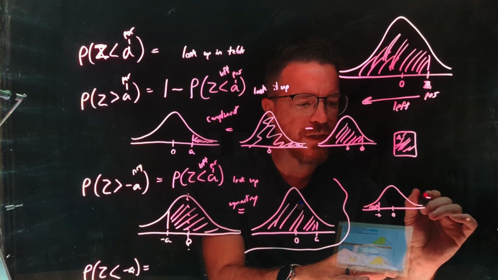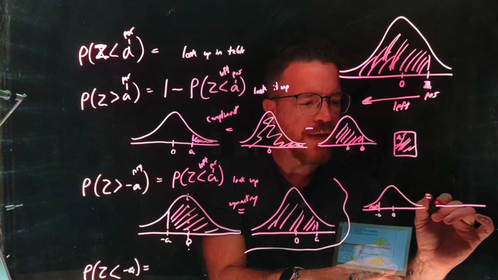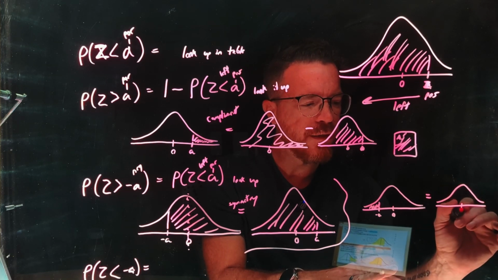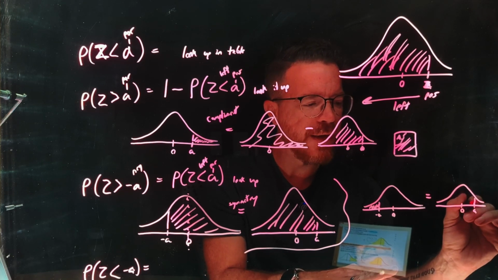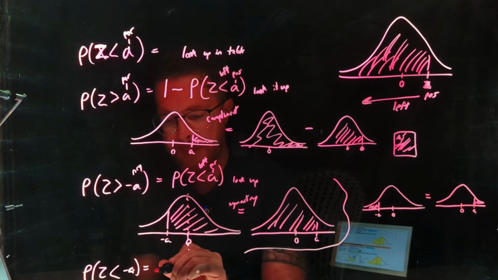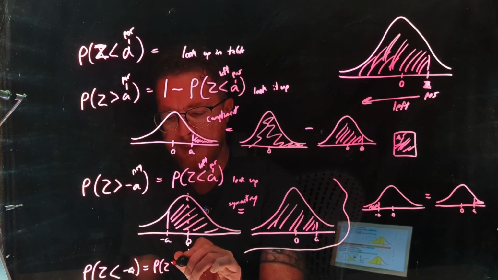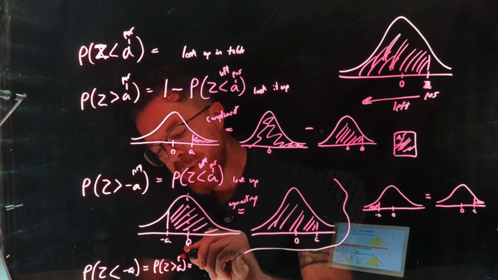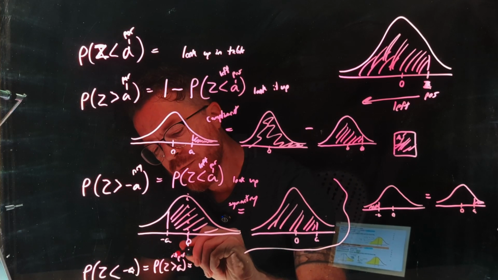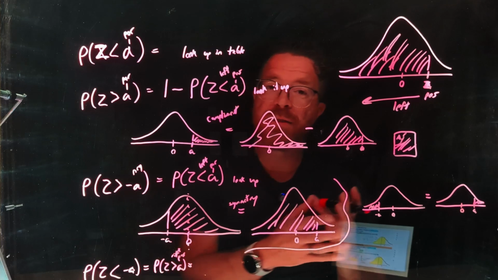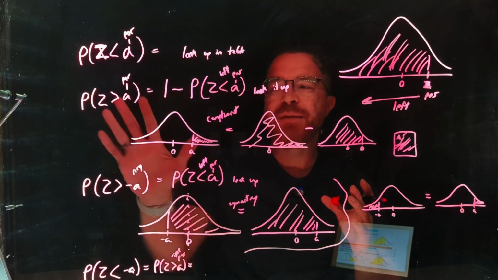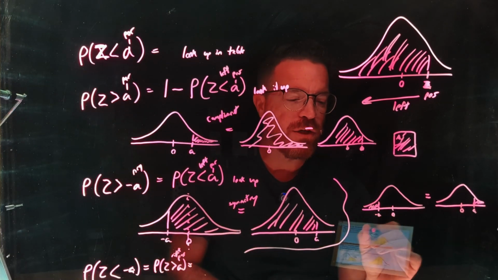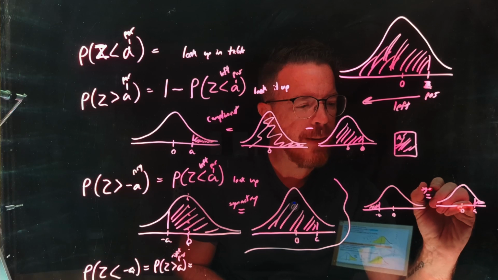So this is going to be equivalent to everything to the right of positive A. Now in this case, our A is positive, but we're looking to the right. And we said that we needed to look to the left. So much like we did for this second case, in this first one, we use symmetry.